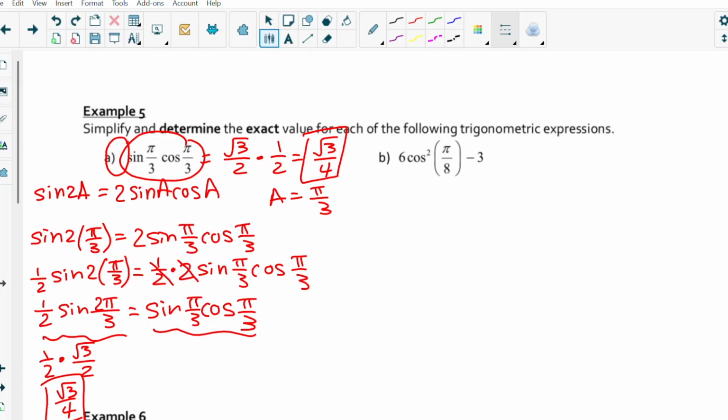I have 6 cosine squared of pi over 8 minus 3. That looks like a cosine double angle identity, but the first thing I'll do, folks, is make it look like this: 3 times 2 cosine squared of pi divided by 8 minus 3. Well, because all my cosine double angle identities start with that 2 in front of the cosine squared term.